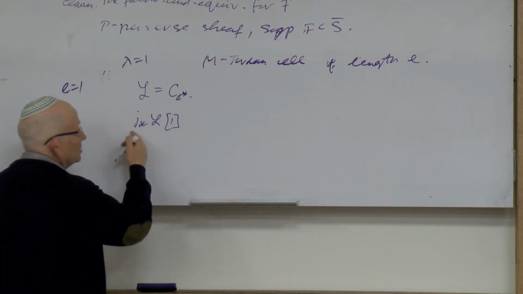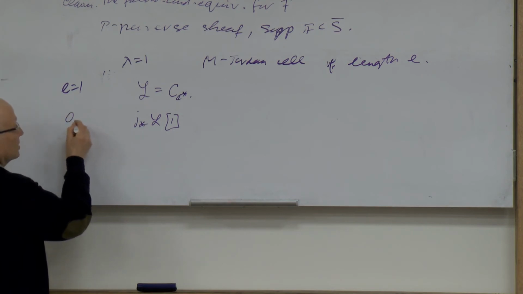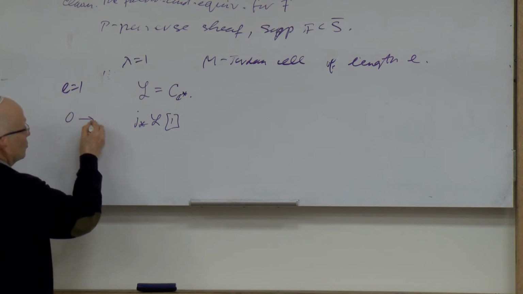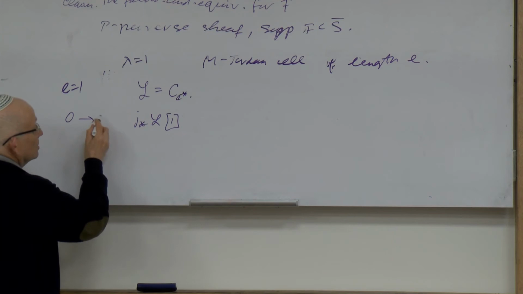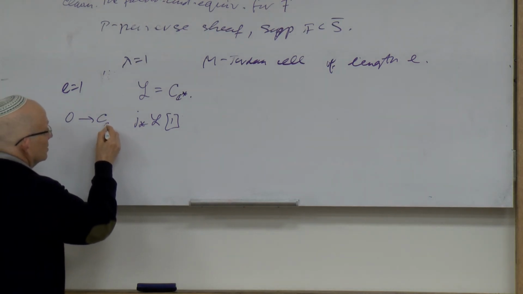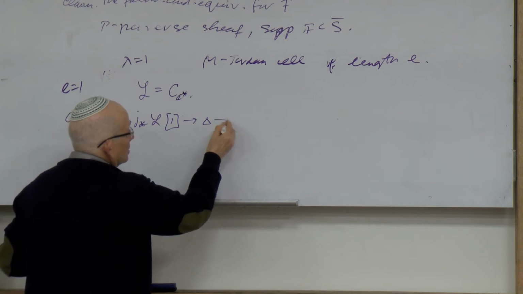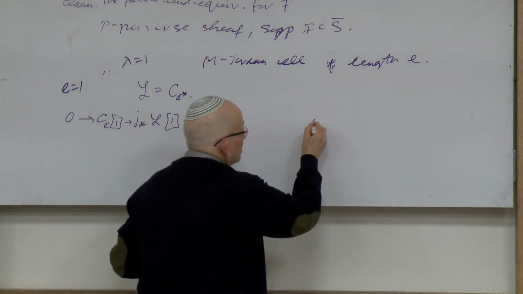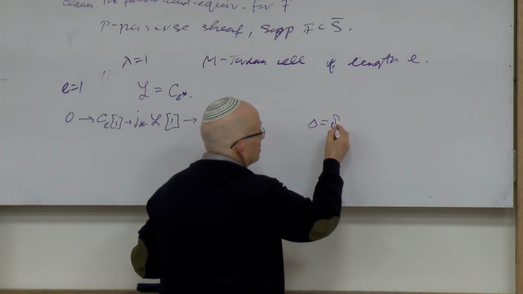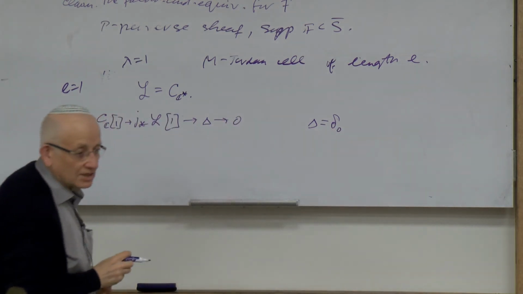Then the claim is that this is a perverse sheaf and it has the following exact sequence. First of all we have an embedding of the constant sheaf C on C shifted by 1, and here you have delta, where delta is just the skyscraper sheaf at 0.